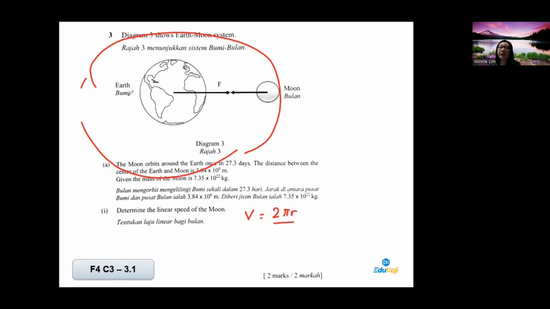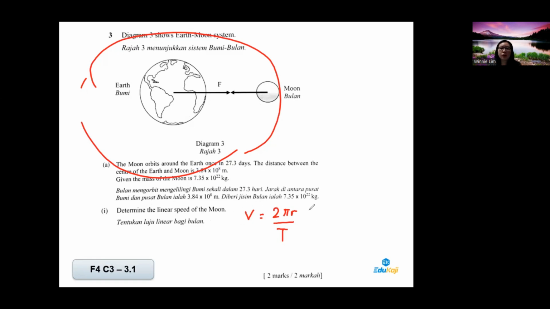When the Moon goes one cycle, we call the time the period, so we divide by capital T. Or you have another formula which involves the gravitational constant, but in this question we don't use it, so we just focus on this.